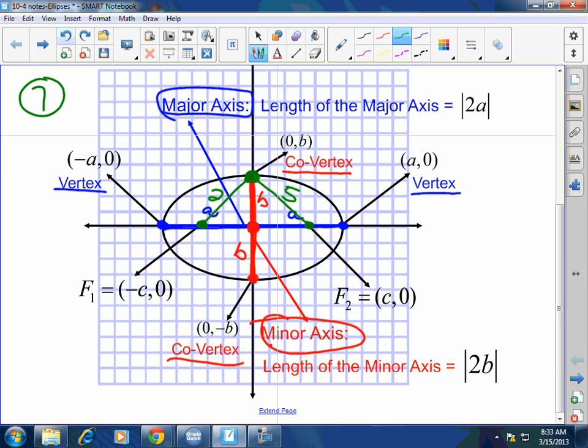That means that if I go from here to here, this distance plus that distance would be 7 as well. If I went from here to focus 1 and I added the distance to focus 2, that would be 7 as well. If I went from this point to this focus and to that focus, the distance of those two added together would be 7 as well.